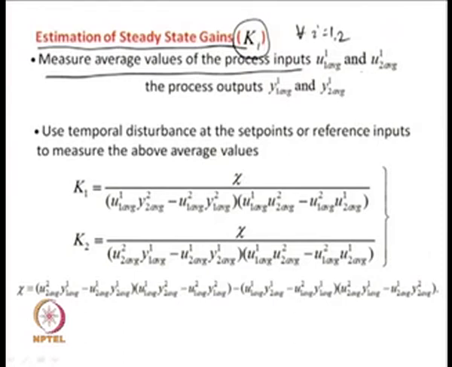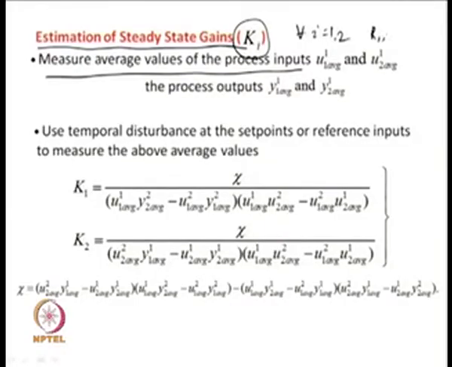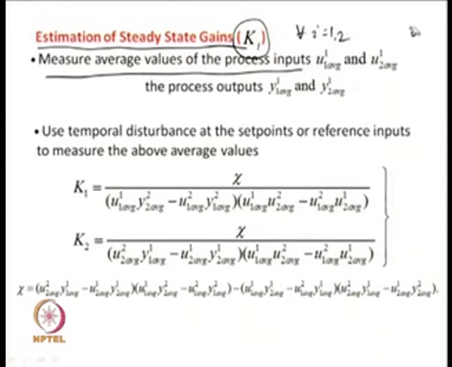These are the two process inputs. At any instant of time when R1 and R2, the two set values, are not equal to 0, you measure the process inputs and denote them by U1 1 and U2 1. When you measure the average values of the process inputs, denote them by U1 1 average and U2 1 average.